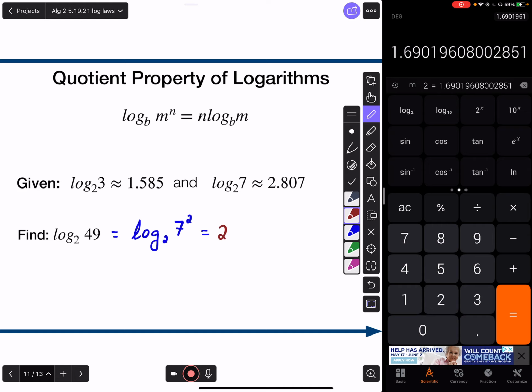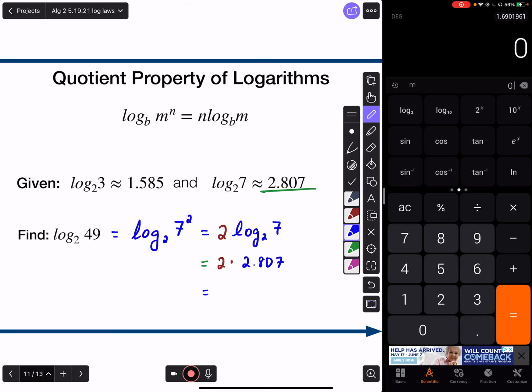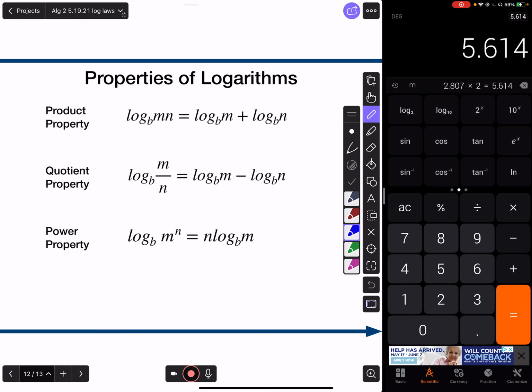So my 2 comes out to the front, and now it's log base 2 of 7. And I know what that is, so my final answer is going to be 2 times 2.807. Throw it into your calculator: 2.807 times 2 is 5.614. And we're done.